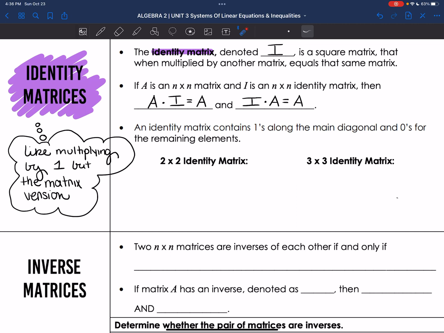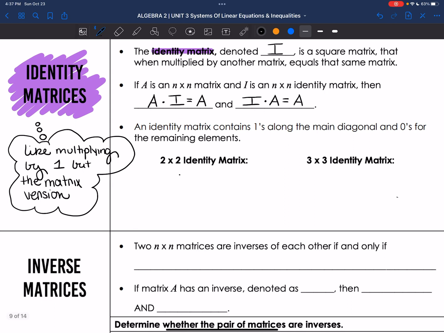Okay, so we've been talking about an identity matrix, but we don't really know exactly what they look like. Let's look at bullet point number 3 here. An identity matrix contains ones along the main diagonal and zeros for all the remaining elements. So a 2 by 2 identity matrix will look like this: 1, 0, 0, 1.